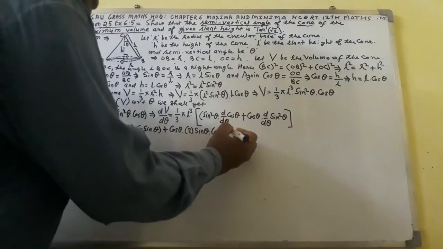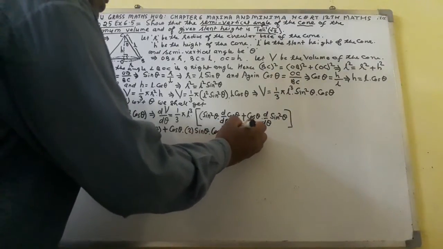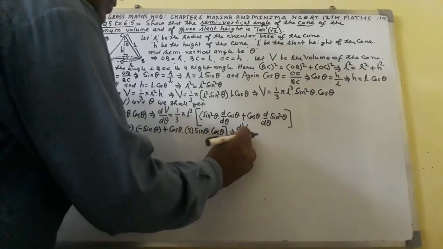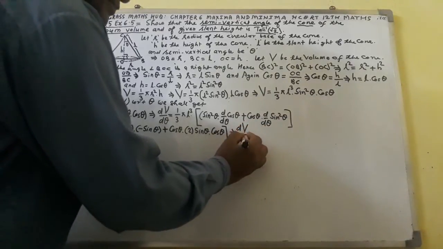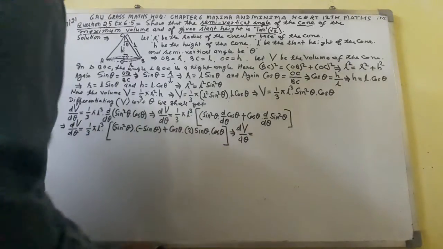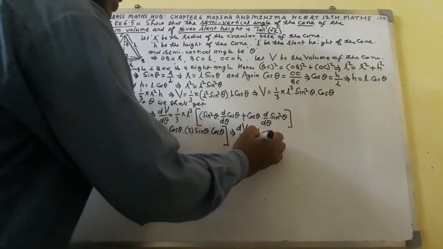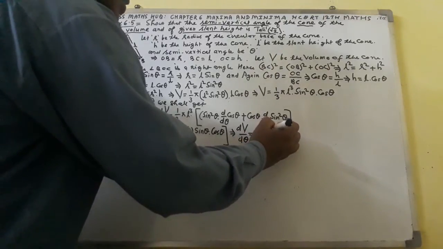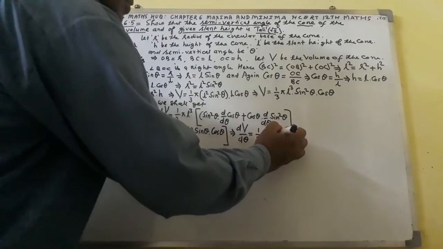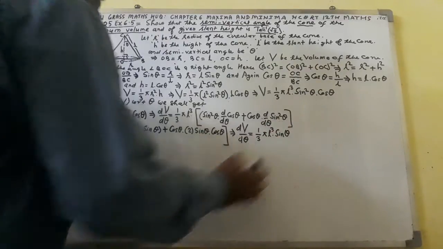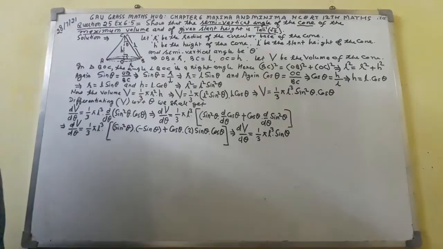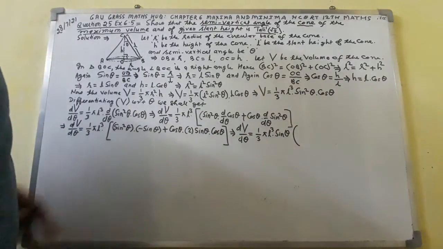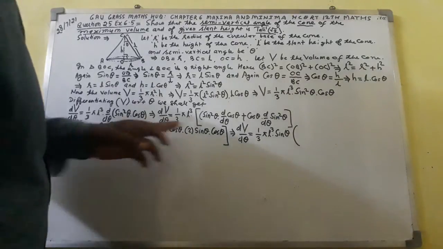So here I shall write implied that dV over d theta is equal to 1 over 3 pi L cube dot sin theta. Again open here bracket, this sin theta has been taken as a common here.